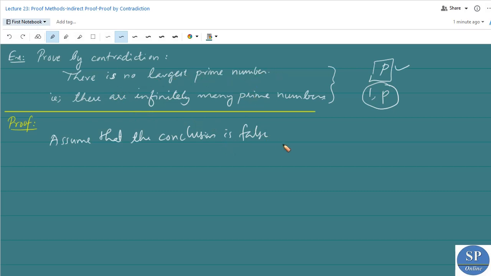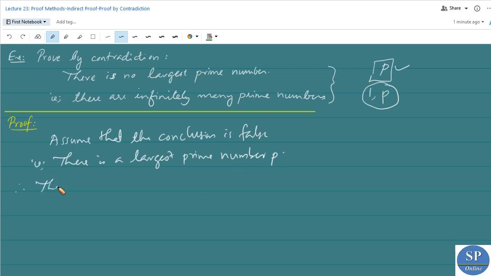So we are assuming that this conclusion is false. That is, we have to suppose that there is a largest prime number, say p. So we are assuming that there is a largest prime number and that prime number is p.